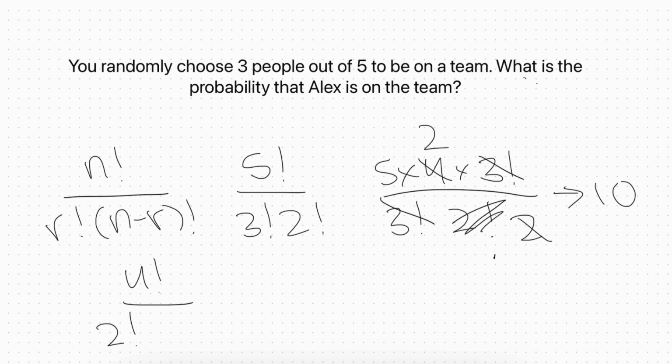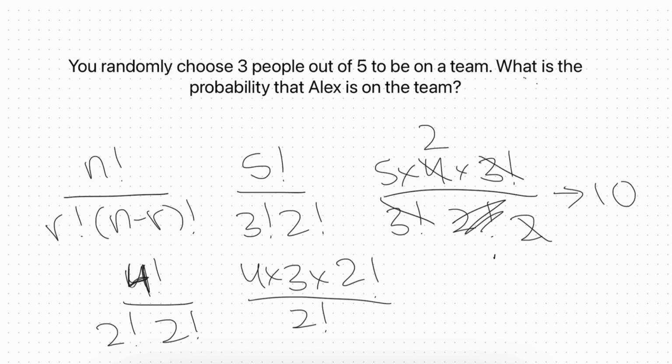N minus r would be 4 minus 2, which is 2 factorial. 4 factorial can be written as 4 times 3 times 2 factorial, so it cancels out one of the 2 factorials in the denominator. Oh, my bad, this also goes away. And 2 factorial is 2, so these cancel out, and you're left with 2 times 3, which gives you 6.